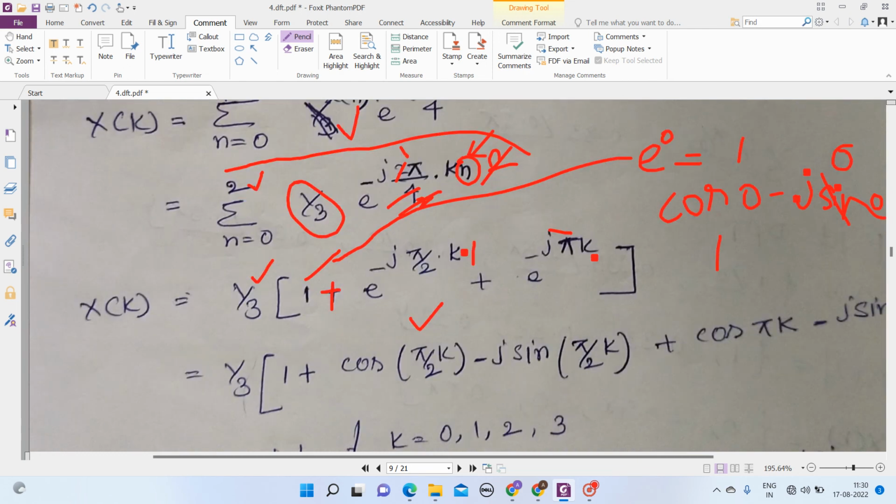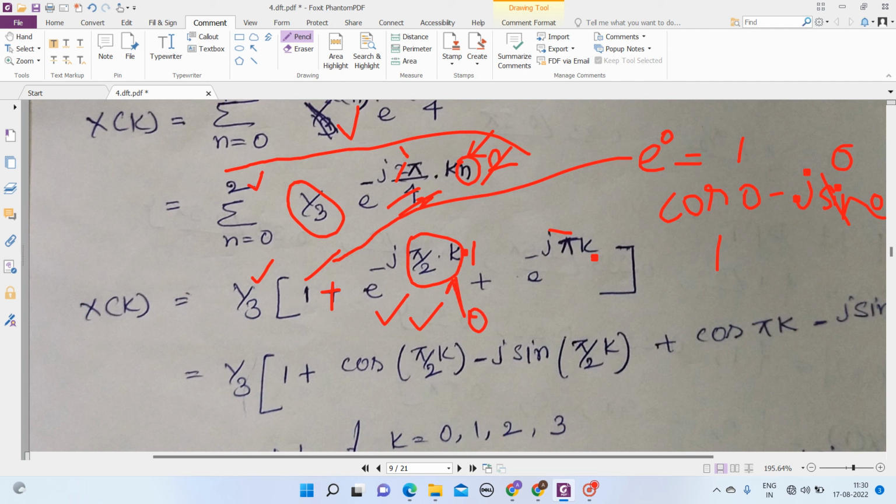After this, we have to expand e to the power of minus j theta. You know very well, e to the power of minus j theta is equal to cos theta minus j sin theta. Here the theta value is pi by 2 into k. So 1 plus cos theta minus j sin theta, where theta is pi by 2k.